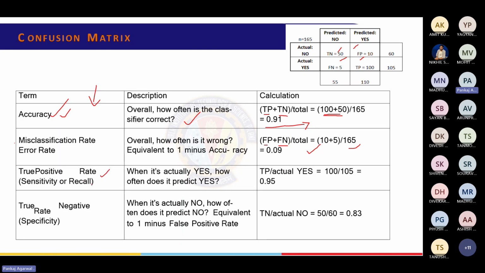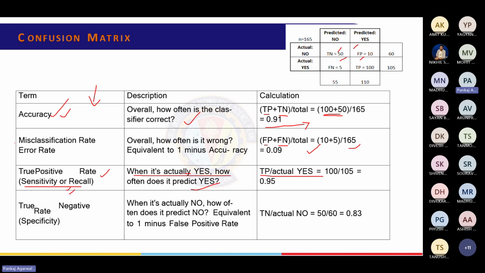Now, true positive rate is a very important thing. Sensitivity or recall, actually, both the terms are equally used here. So rather than only remembering the formula, you should also remember what it says. True positive means when it was actually yes, how often it predicted yes.